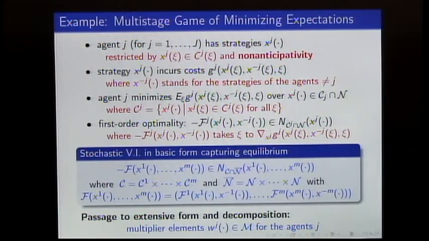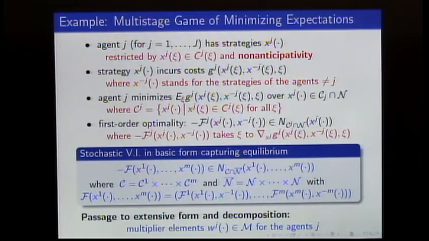Then there will be costs associated with it, taking a traditional approach. We can also work with an extended game, for example, but the costs can depend on what the other players are doing, x minus j. And then the agent is going to try to minimize an expected cost. But we should be able to do a risk measure, and we can. We could do that too. But here it's just an expected cost, over such an intersection set and so forth.